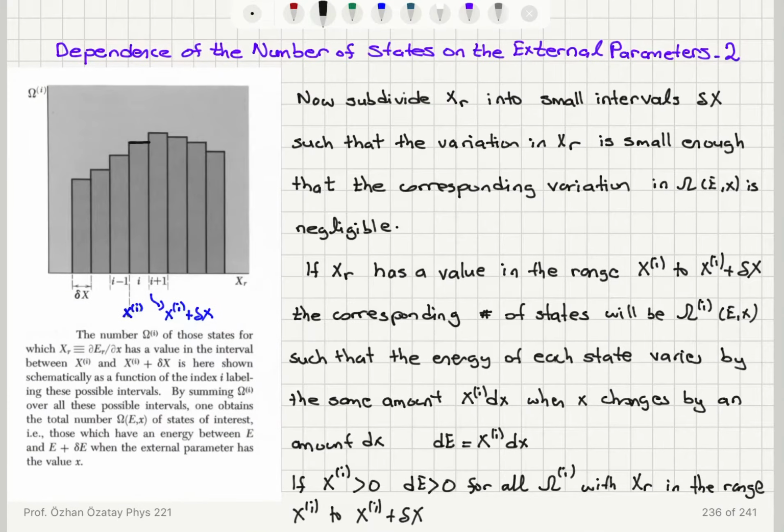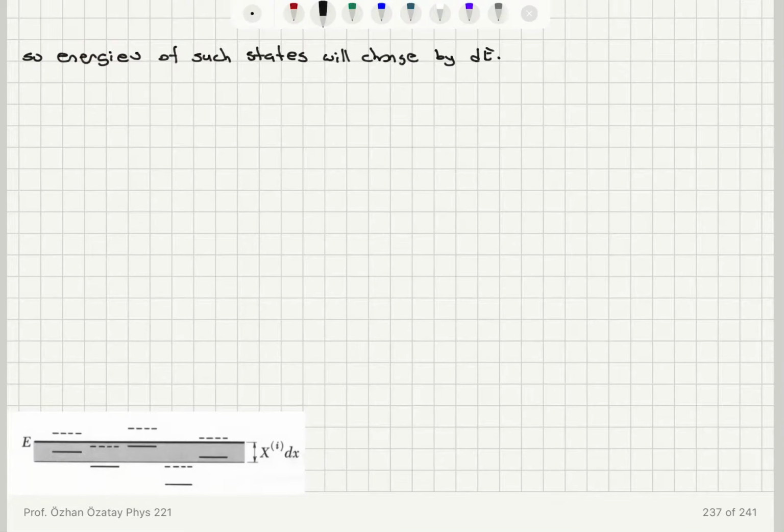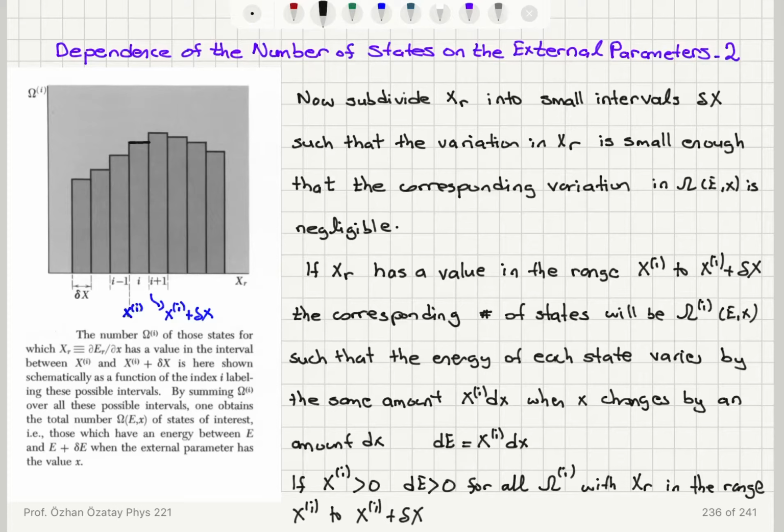So the particular subset of accessible states that will respond by xi will be the same in this interval xi to xi plus delta x, and they will be responding by changing their energies by an amount dE, where dE is equal to xi dx.